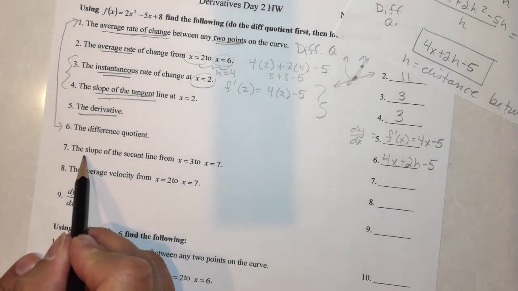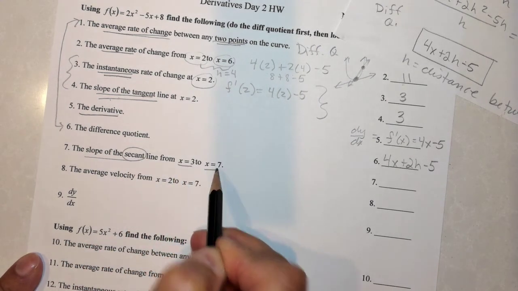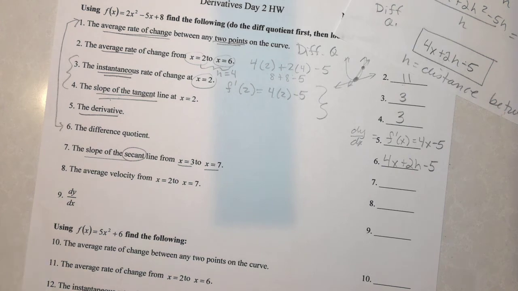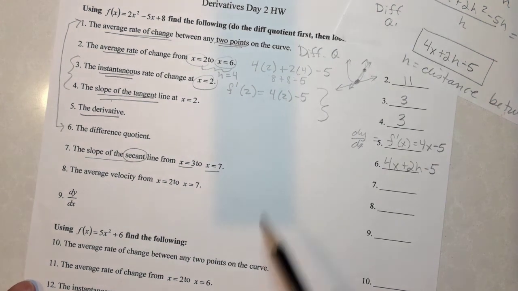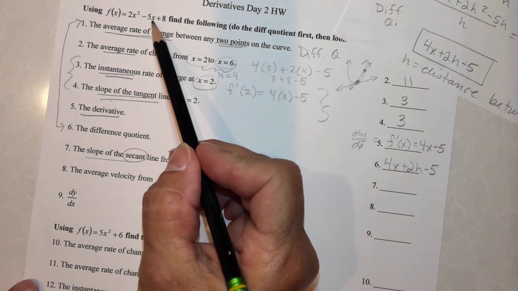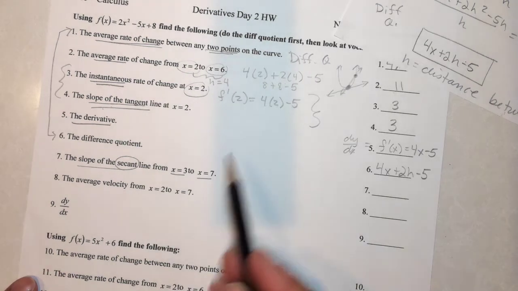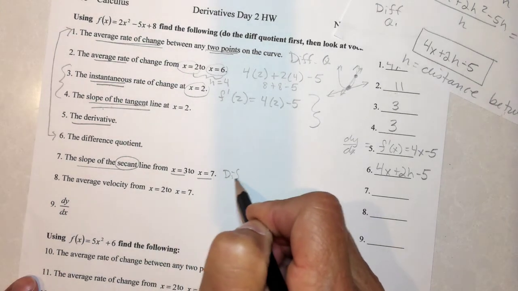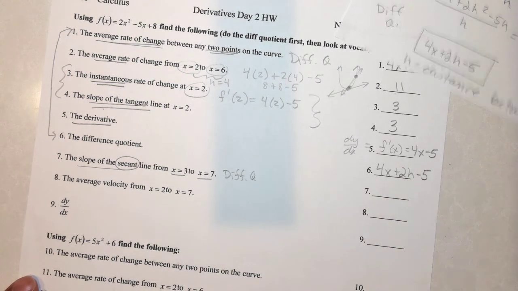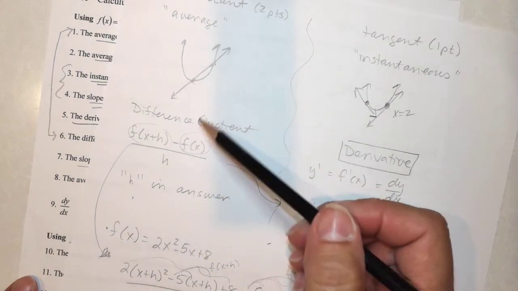So now this is asking for the slope of a secant line, and a secant line requires 2 points. You can either do this old school and use your slope form, but then I have to plug a 3 and a 7 into each of these and figure out the y values. Instead, I'm going to use my difference quotient again, so I don't have to find my y's.